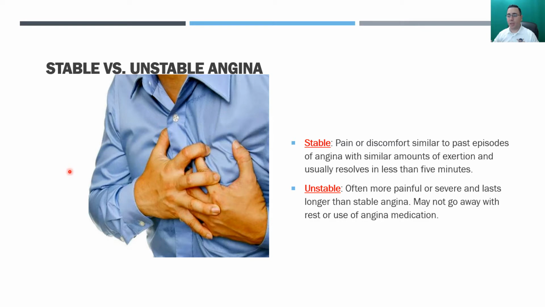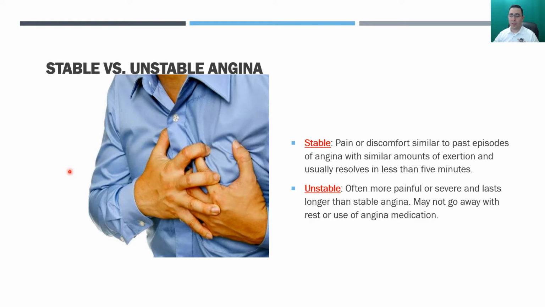On the other hand, unstable angina, it just happens. So the patient cannot tell when this is going to take place. The patient may be sitting in the chair, watching TV, having a great time, and then this discomfort, this pain is just going to show up. And so this one sometimes doesn't resolve with the medication, all right?